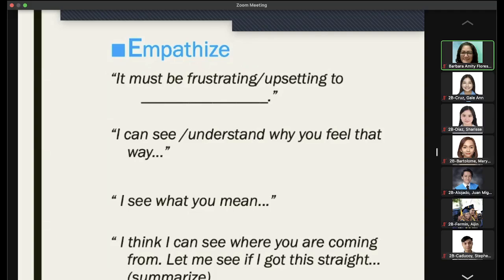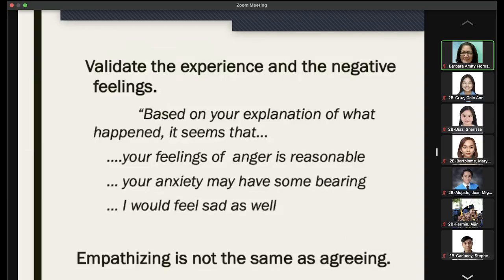In empathizing, you're trying to put yourself in that other person's shoes. So if you were in the same situation, would you feel the same way or would you act the same way? When you empathize, you are validating the experience and the negative feelings. So based on your explanation of what happened, it seems that your feelings of anger are reasonable, or your anxiety may have some bearing, or I would feel sad as well, based on what you just told me.